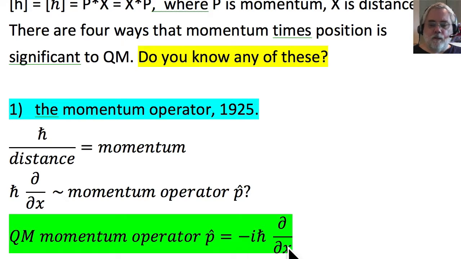We're only dealing with one dimension here. So this collectively has units of momentum, and it is an operator. It's a derivative. So this is a momentum operator.